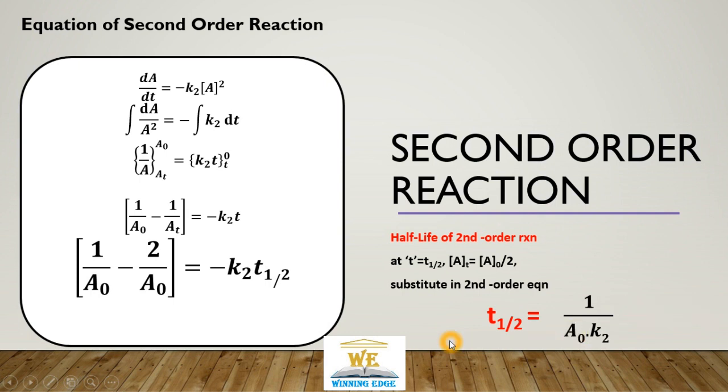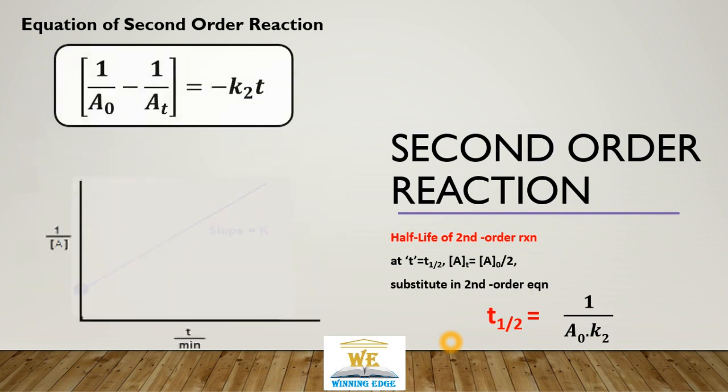So keep these small things in your mind. Here, if we plot it, the intercept will give us the inverse of initial concentration, and again the slope will be the reaction rate constant.